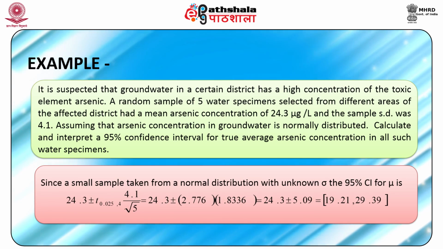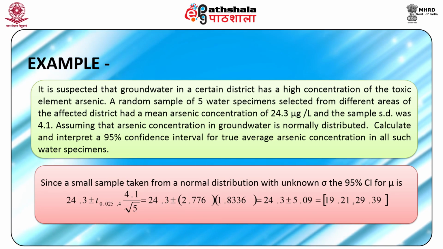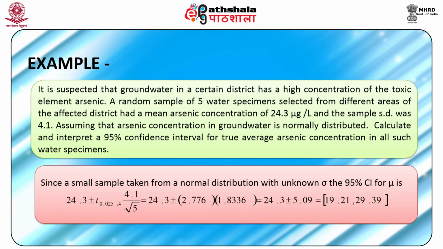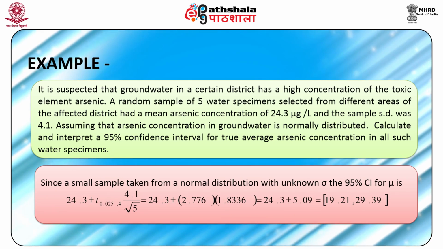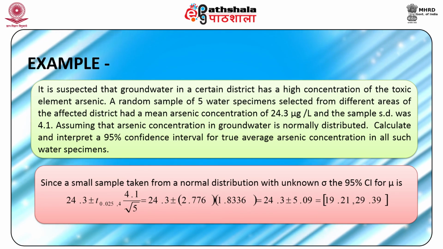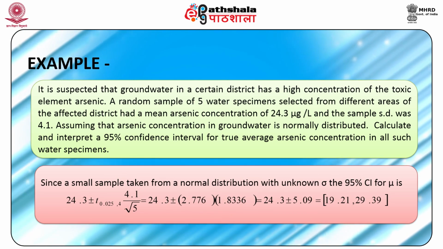Now, since a small sample is taken from a normal distribution with unknown sigma, the 95% confidence interval for mu, which is our population mean, is given by 24.3 plus minus t alpha by 2, or t in this case 0.025 with a degree of freedom of 4, into 4.1 upon root 5.